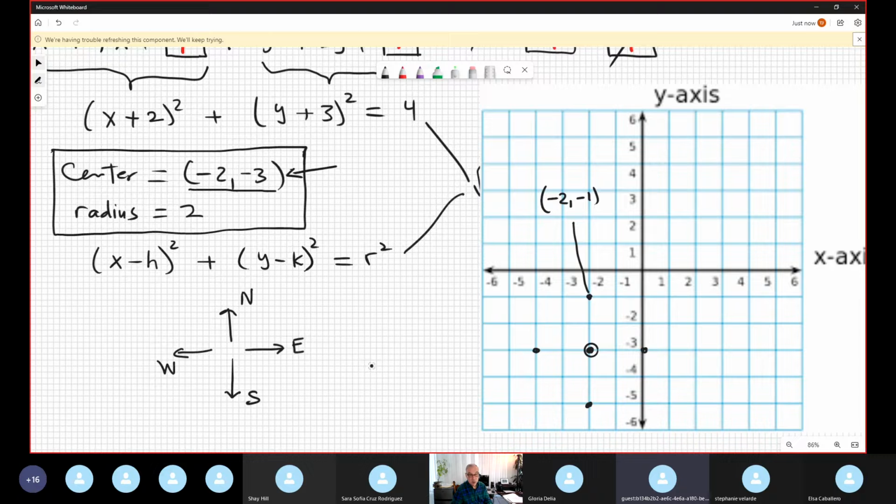It's -3 plus 2, which is the radius, is -1. When you move downward, this point would be -2, so the x component doesn't change, but now it's -5. Where does -5 come from? Well, -3 and -2 is -5.